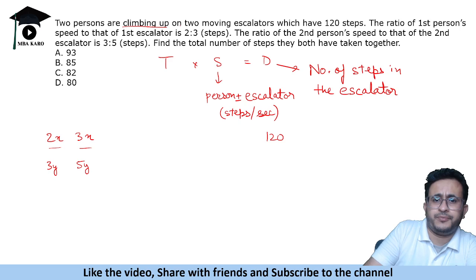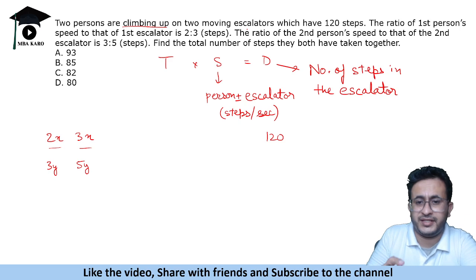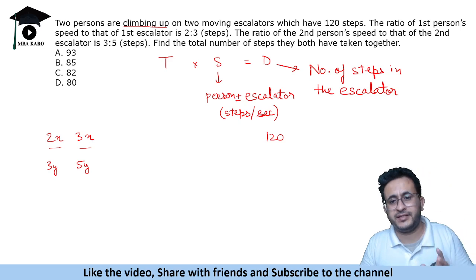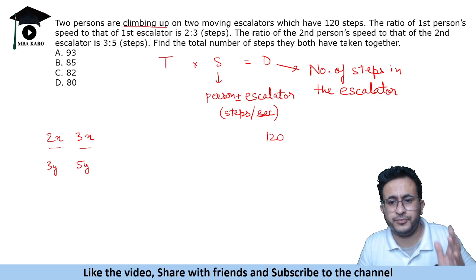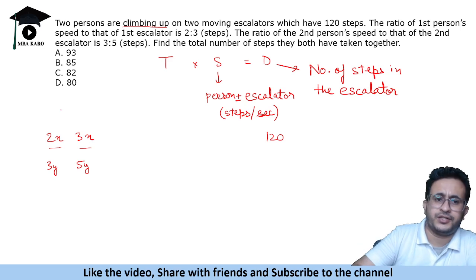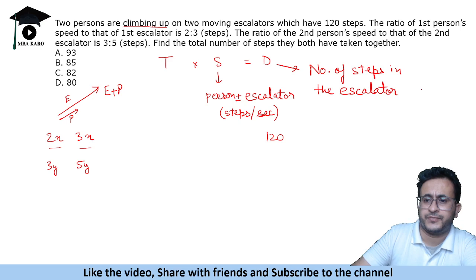Climbing up two moving escalators, one thing you will have to assume, unless given that they are going opposite, is that they are going in the same direction. If the escalator is going up and you are also going up, the speed becomes escalator plus person. If the escalator is going up but you are going down, the speed becomes person minus escalator. This we need to keep in mind.